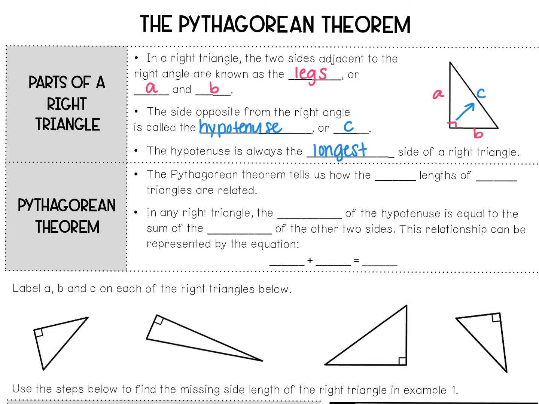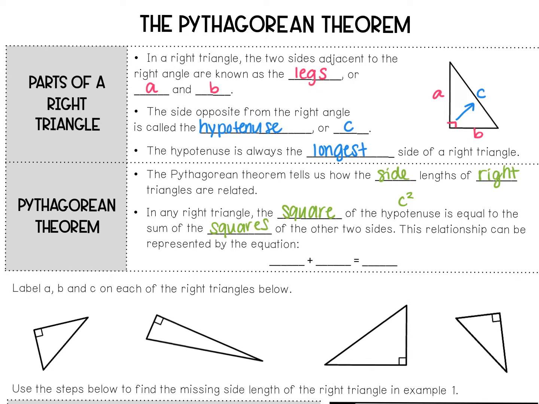The Pythagorean theorem is a theorem and a formula that tells us how the side lengths of right triangles are related. So in any right triangle, the square of the hypotenuse, or C squared, is equal to the sum of the squares of the other two sides, or the legs.